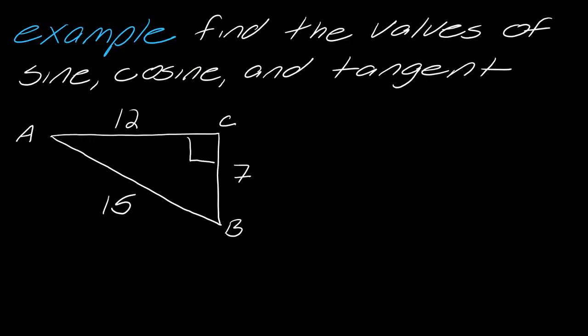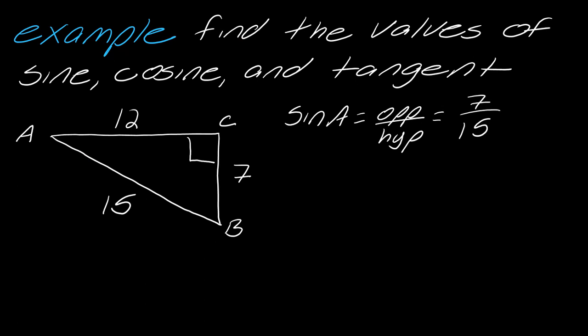Okay, so let's just do a few examples now, playing with the new definitions. I want to find the values of sine, cosine, and tangent. You can see my right triangle, and I've got the sides labeled. So sine, like we said, is opposite over hypotenuse. The opposite side in this case is going to be 7, and the hypotenuse is going to be 15. So this is the side opposite of A. And then cosine is going to be adjacent over hypotenuse.